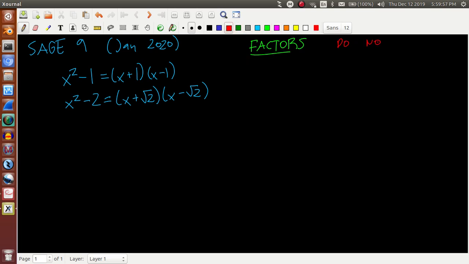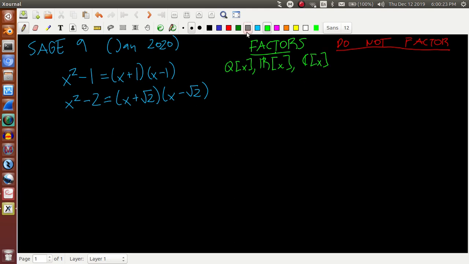So let's just make a list. Factor and do not factor. So this one factors in the rationals, Q, the reals, and complex numbers.